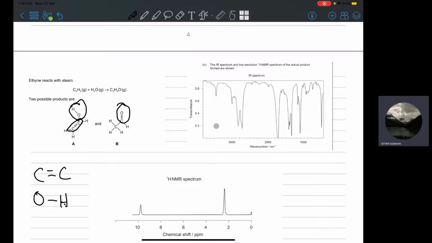right? And if you look at your data booklet, if you flip over to section 26, you see that for C double bond C, the alkenes, the wave number at which we are supposed to see a peak is between 1620 and 1680.